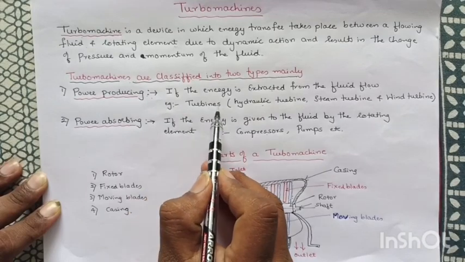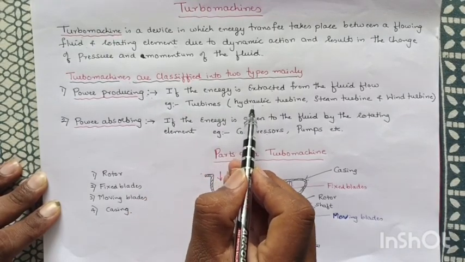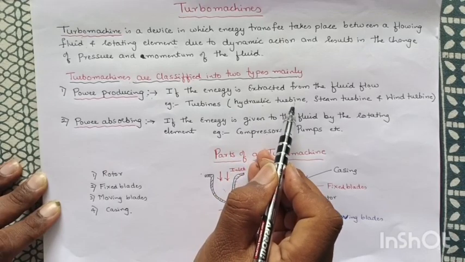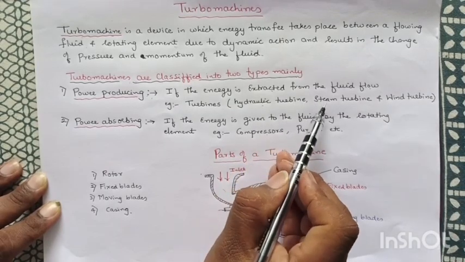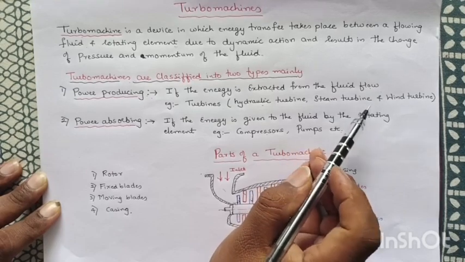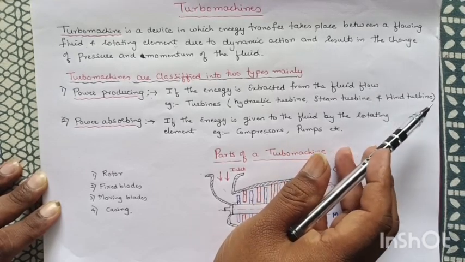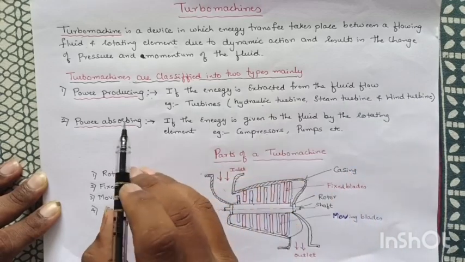For example, turbines. If water is used as the fluid, then it is called a hydraulic turbine. If steam is used as the fluid, then it is called a steam turbine. If air is used as the fluid, then it is called a wind turbine.